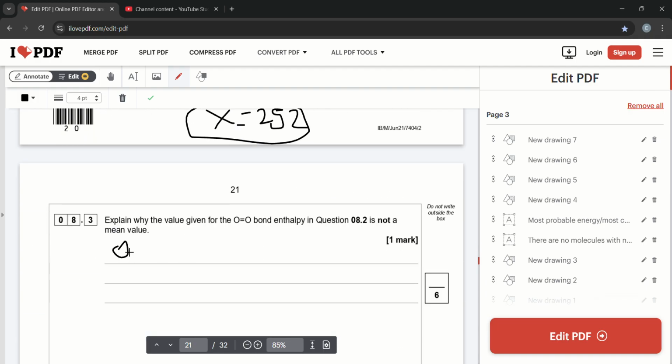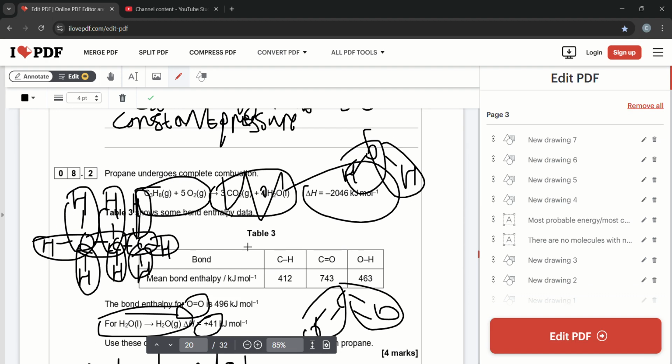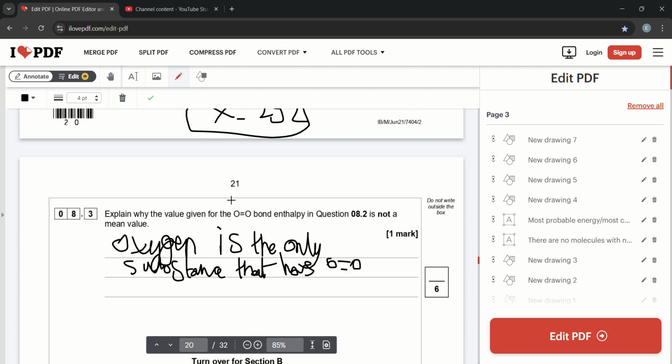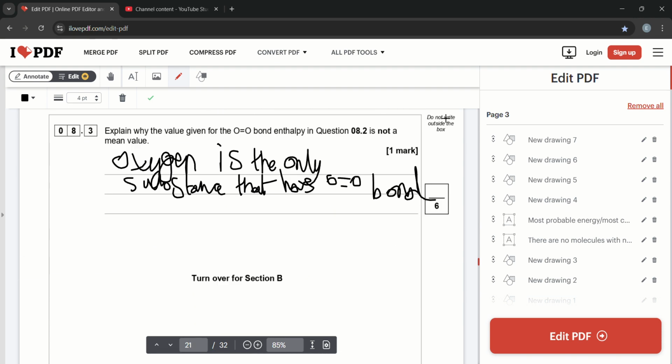Well, because oxygen is the only substance that has an O double bond O, of course, in this case from the table. Oxygen is the only substance that has the O double bond O bond, therefore it's not a mean value. And that is the end of question 8.